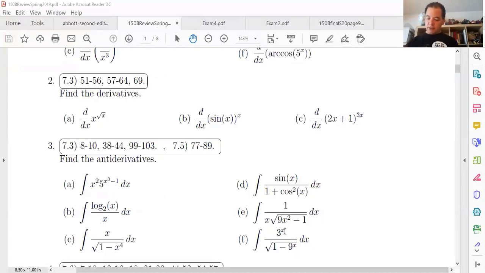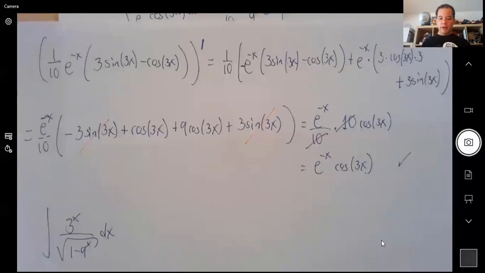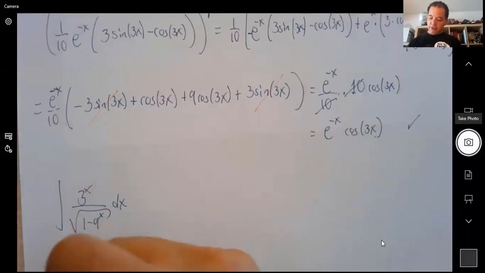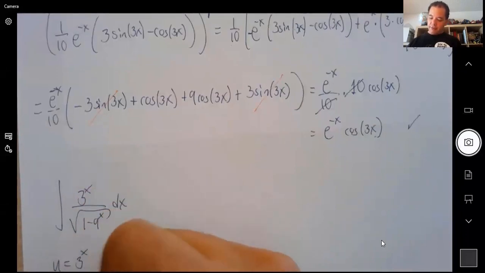So let me write it over here relatively quickly. I won't do the entire problem, but I'll just start you off. If you do u equals 3 to the x, then du is the derivative of 3 to the x, which is 3 to the x ln 3.